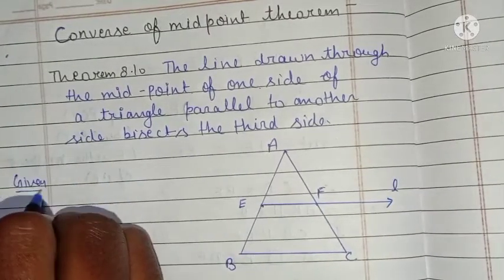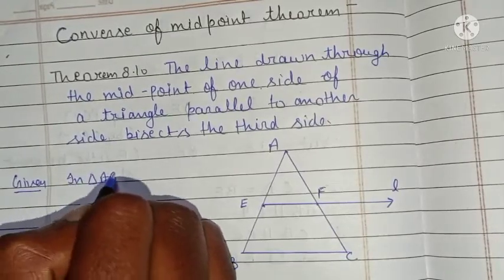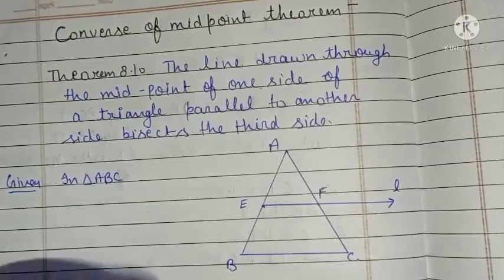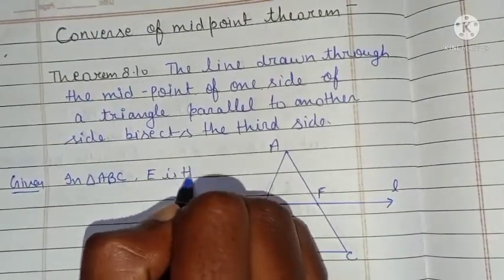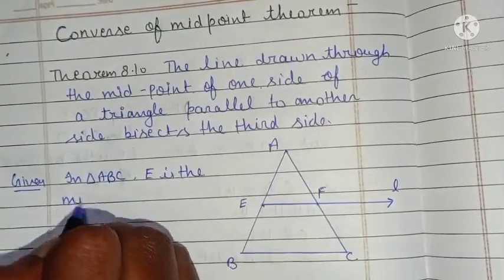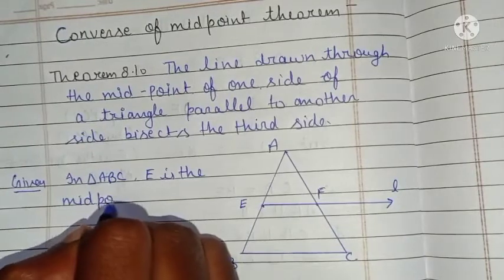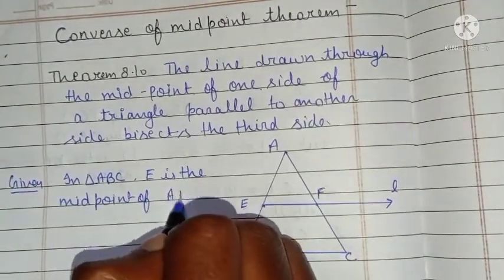Given: in triangle ABC, E is the midpoint of AB.